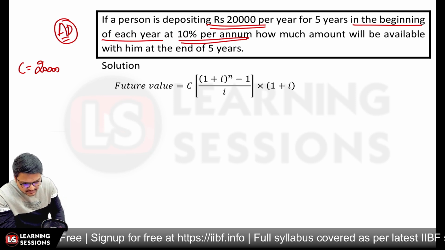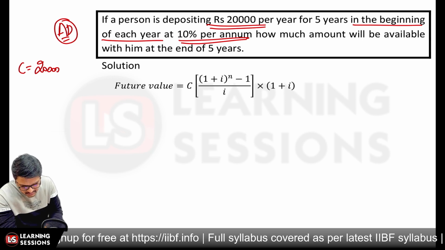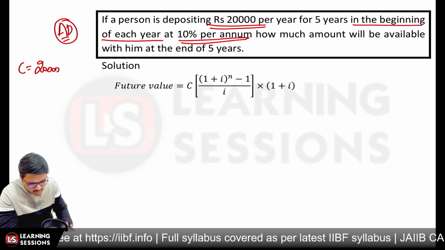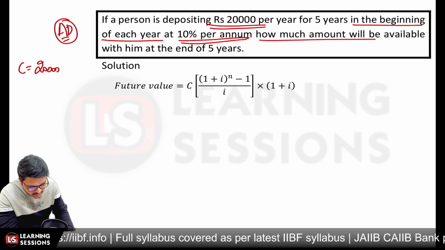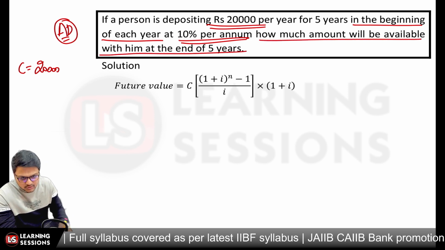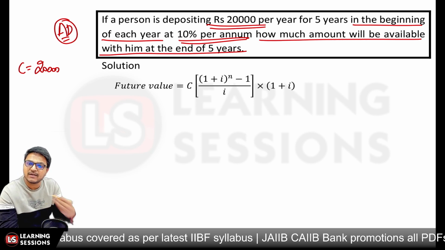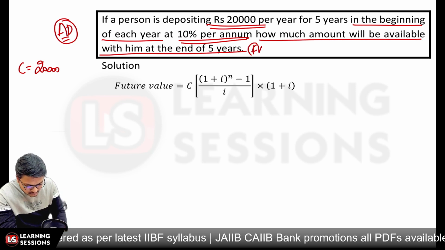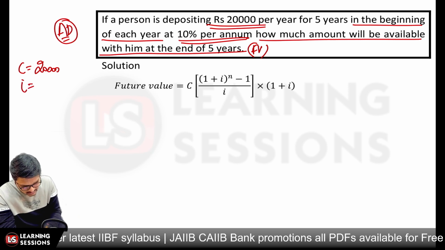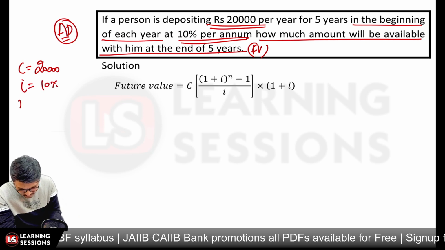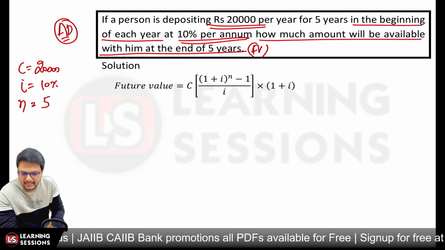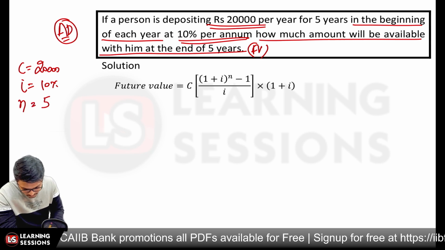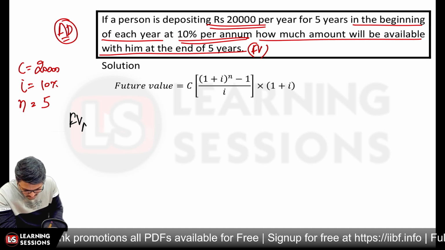And further 10% per annum is the interest that is given to you. How much amount will be available with him at the end of 5 years? So we are going to calculate the value after 5 years; we are concerned about future value. So I over here is 10% and N is 5. And we are to calculate the future value of annuity due.